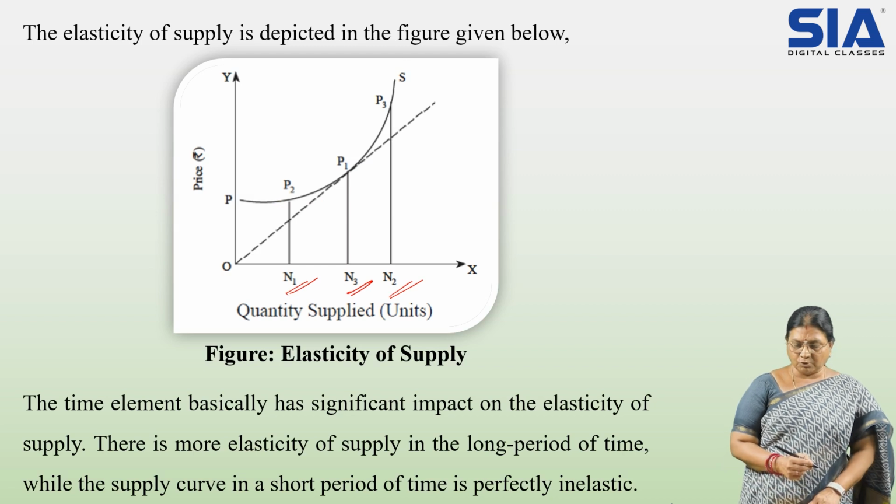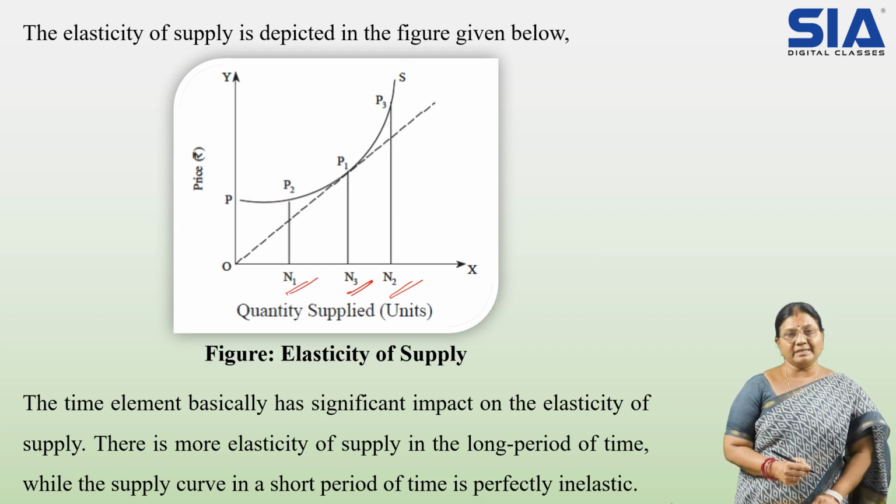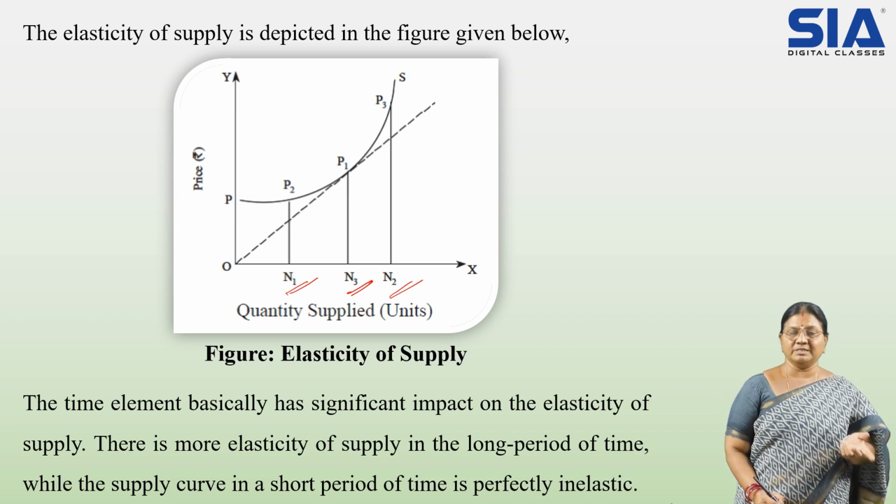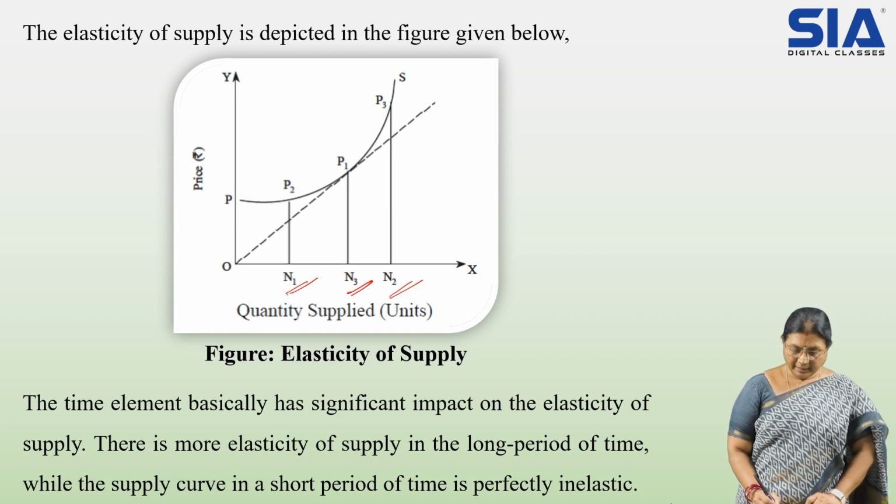The curve is going upwards towards the right side. The supply curve is showing that supply is directly proportional to the price. When the price is increasing, the quantity supplied is also increasing.